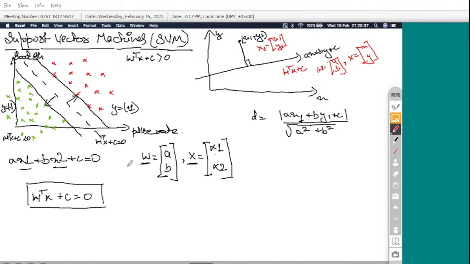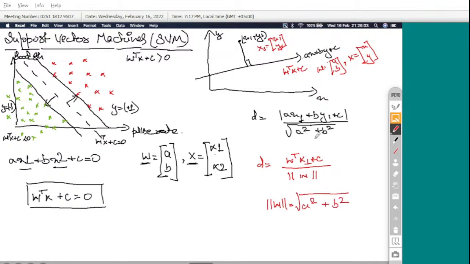It's the same thing we have done here. In this case, the distance is going to be w transpose x1 plus c over norm of w, where norm of w is equal to the square root of a square plus b square.